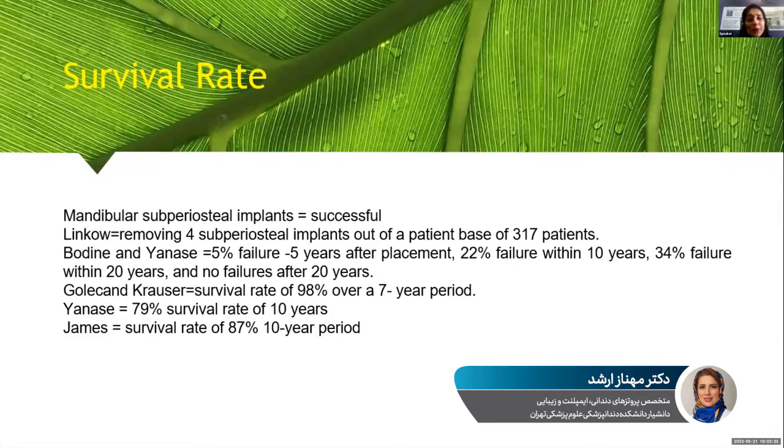But in other articles, people who work with subperiosteal implants have published that it's a successful method, and the survival rate is 79%, 87%, and that's good. That's great.